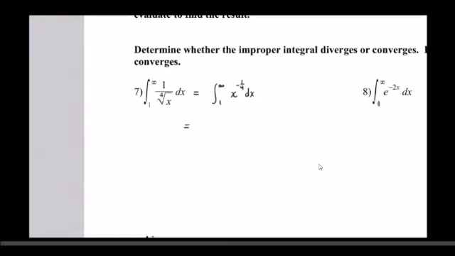The trick here is to change this into a limit. So the limit as b, we use the letter b if the upper bound is infinity, as b approaches infinity, of the integral from 1 to b of x to the negative 1/4. This is just the simple power rule. We need to add 1 to the power.